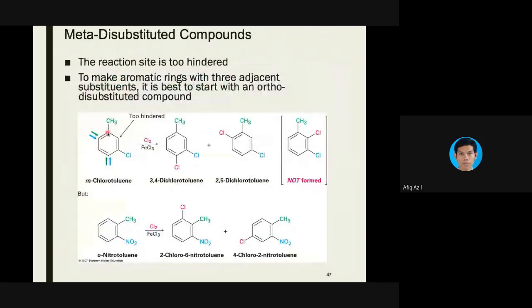So ortho-para, and this one also ortho-para. So all positions are freely available. It points towards the same direction, this is an additive effect. Both are pointing towards the same direction. But at this carbon, the new substituent cannot come in because it is too hindered, or we say that it has steric hindrance.